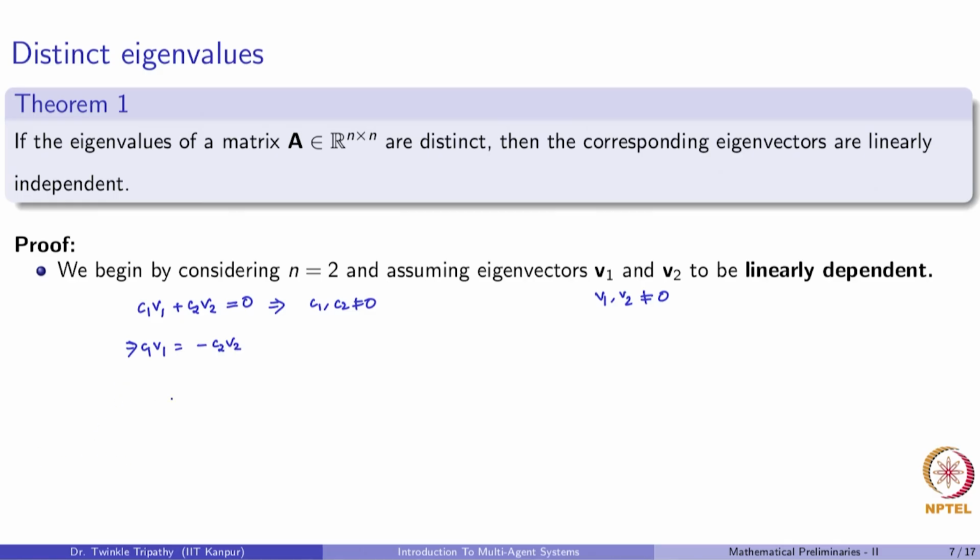Okay. So again, let's start with the first relation, and left multiply by A. So here this 0 is simply a column vector. So of course, we can do some rearrangements very easily given by this. And since v1 is the eigenvector, we can always express it in this manner.